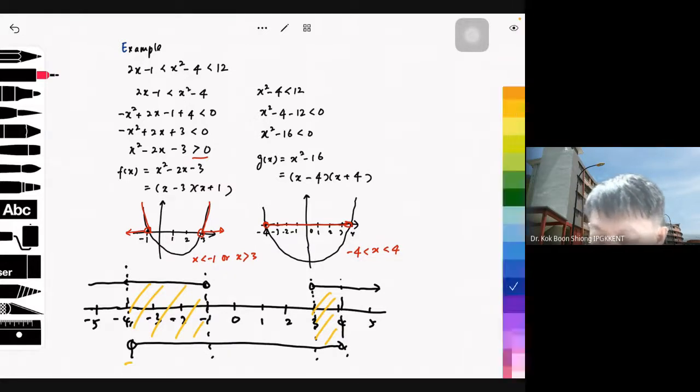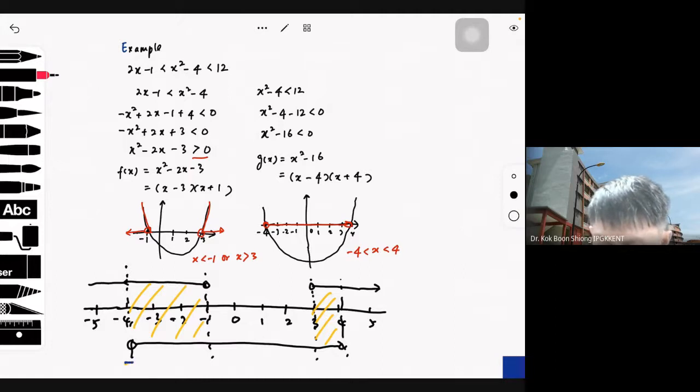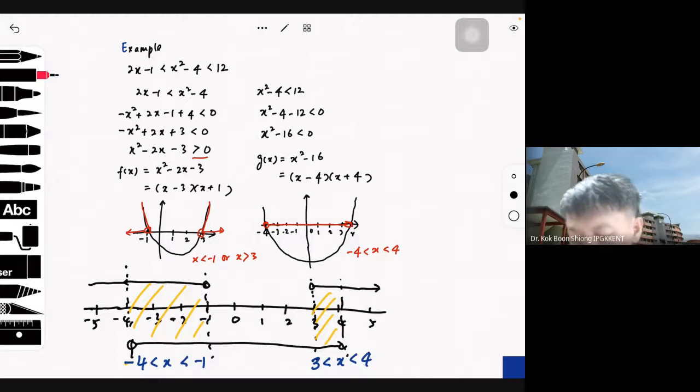For this region, it is between negative 4 and negative 1, and for this region, between 3 and 4. So the final answer is x is between negative 4 and negative 1, or between 3 and 4.